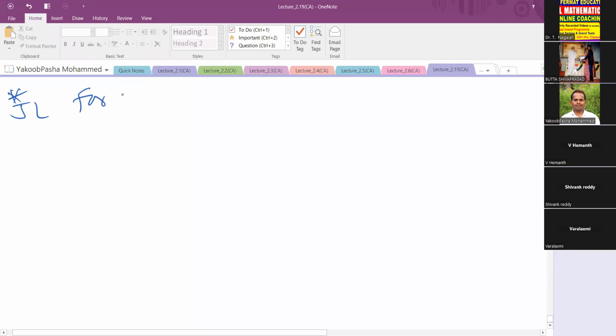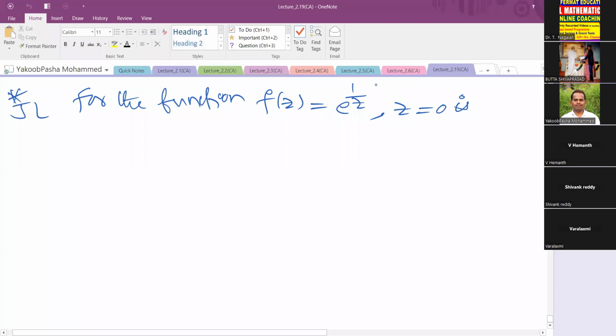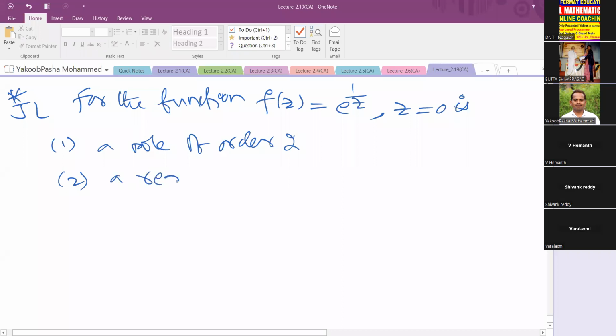For the function f of z is equal to e to the power of 1 by z, z equal to 0 is: first option, a pole of order 2. And the second option, a removable singularity.